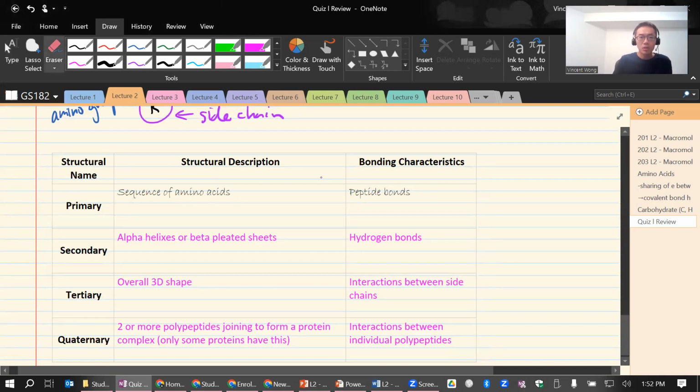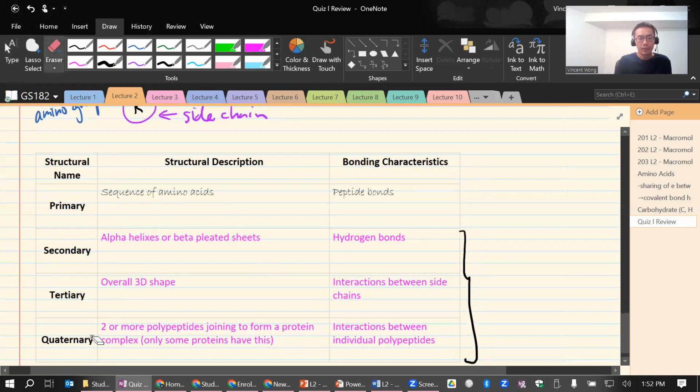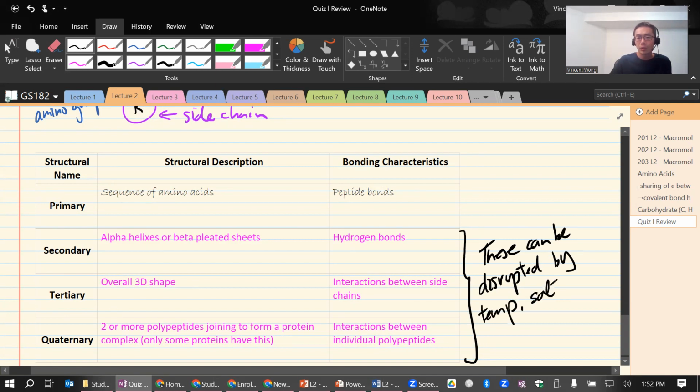And I mentioned earlier to you that the last three levels, the secondary, tertiary, and quaternary, can be disrupted by temperature, salt concentration, pH, right? The primary structure will not be affected by any of these, okay?